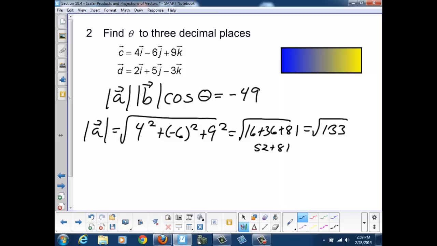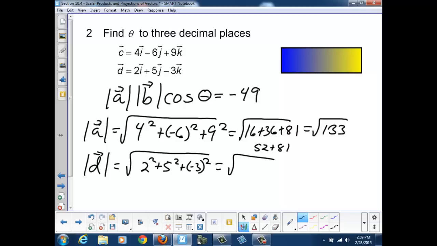For the magnitude of D, our second vector, here we have the square root of 2 squared plus 5 squared plus negative 3 squared. And that's going to be the square root of 4 plus 25 plus 9, which is the square root of 38.